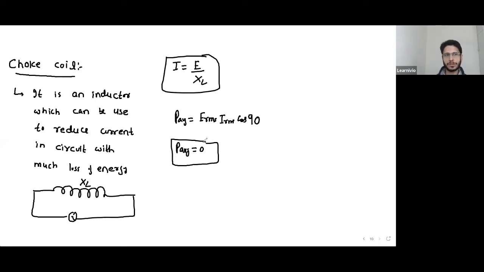Average power dissipation is 0. So if you have a circuit having only an inductor, then the average power dissipated is always 0. That's basically a choke coil. So using a choke coil, you can control your current, but without any loss of energy in the form of heat. So that's why a choke coil is better than a resistor.